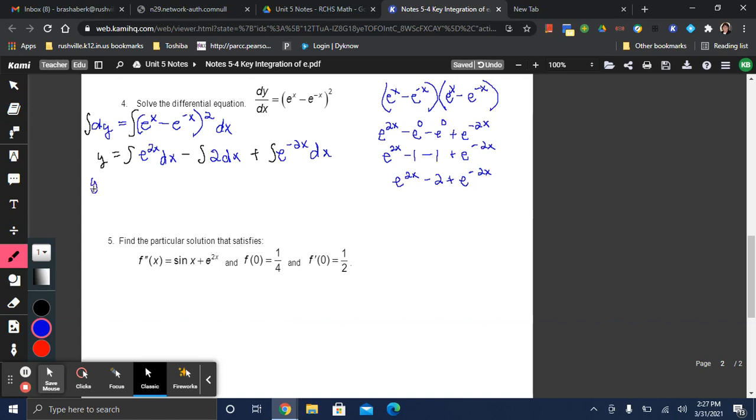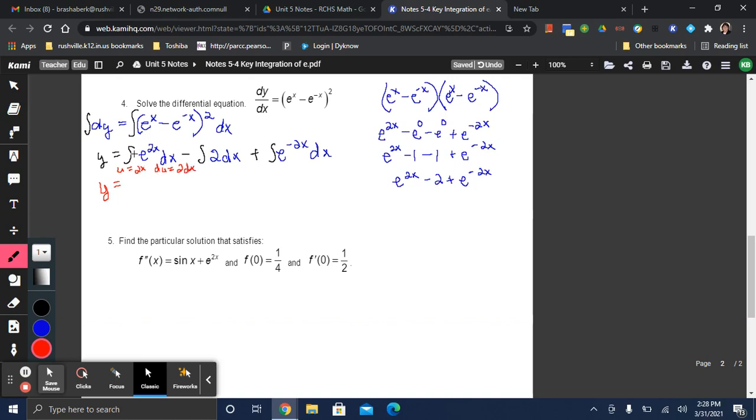So we'll have y equals, and now we're going to begin doing the integration. For this part, you'll need to use a u. So I'm just going to write that right in here. Your u would be your exponent of 2x. Your du would be 2 dx.